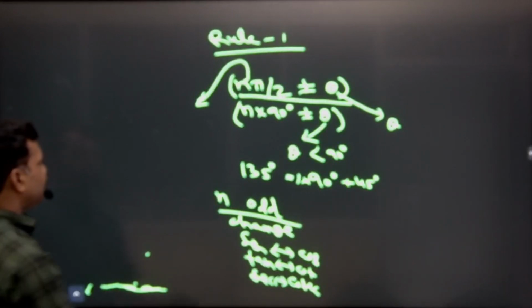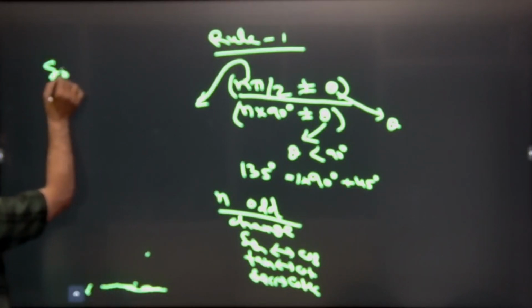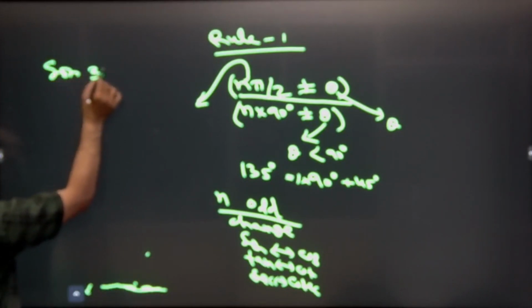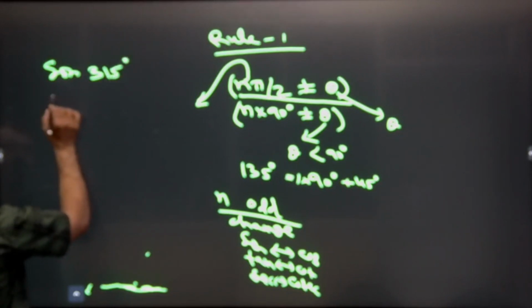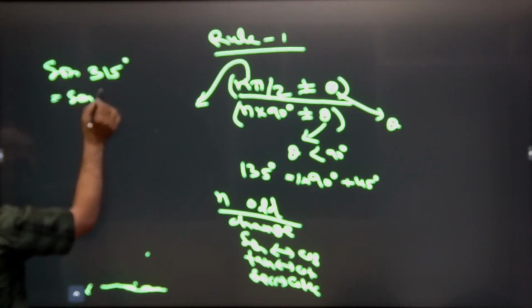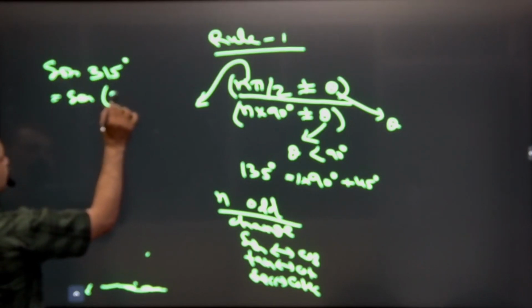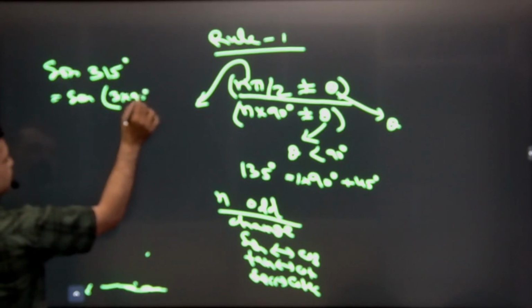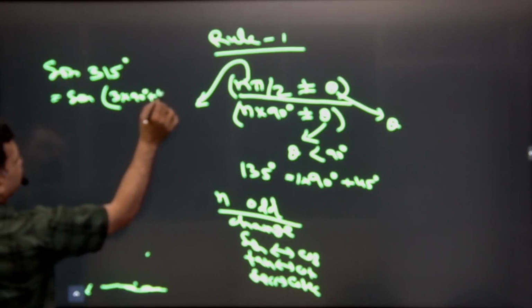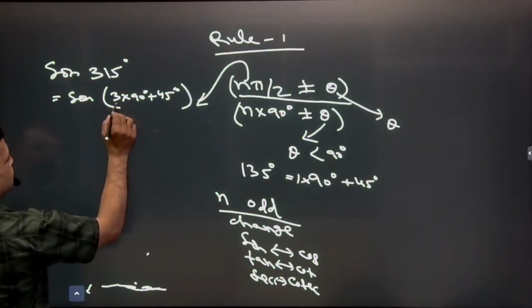So for example, suppose we are given an angle of sine 315 degree. So first step is I have to convert this 315 degree to 3 into 90 plus 45 degree. So that is 270 plus 45.